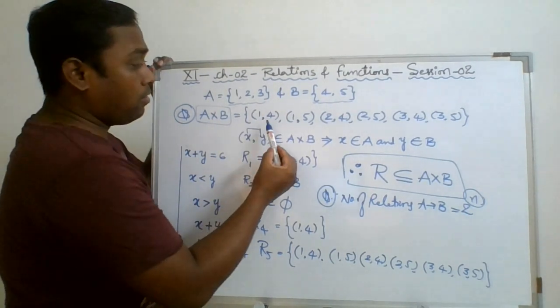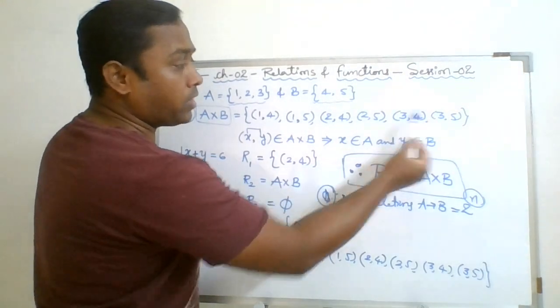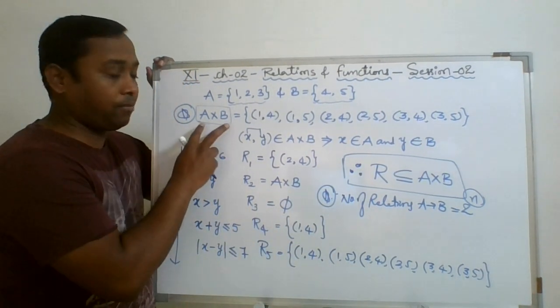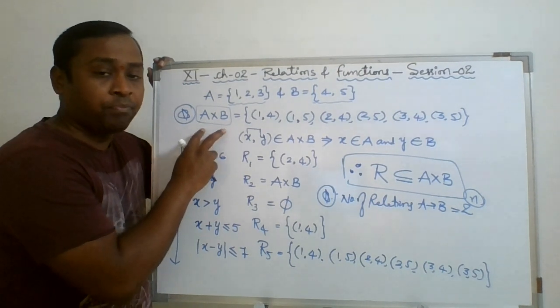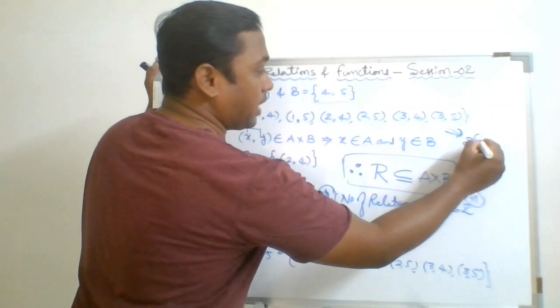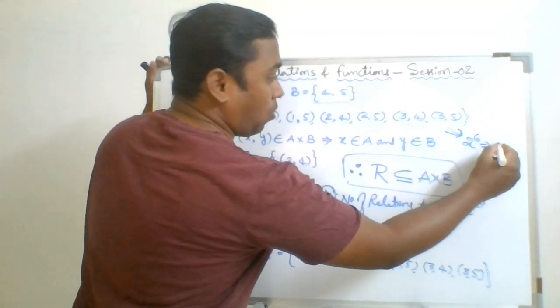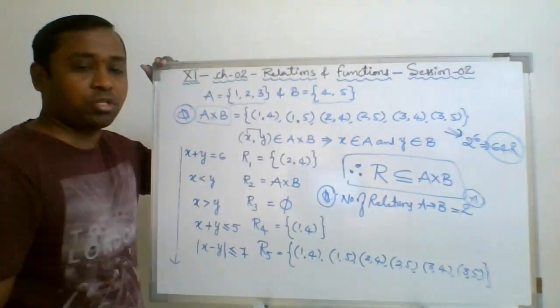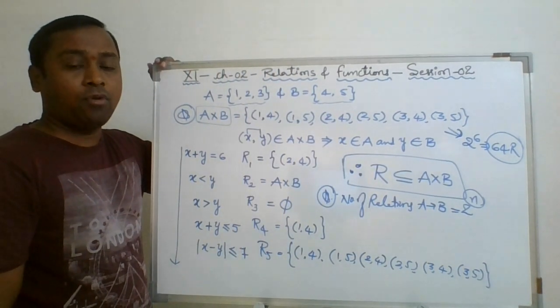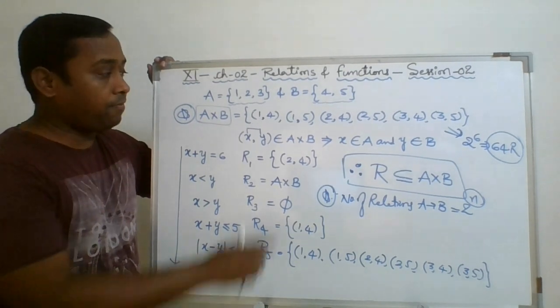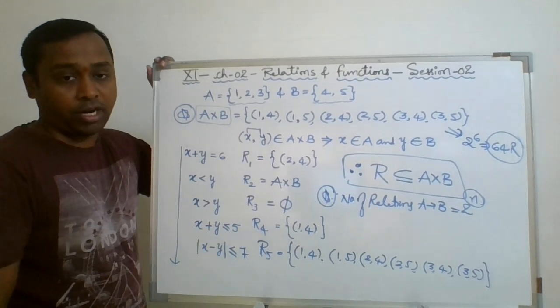Like here, see 1, 2, 3, 4, 5, 6. We have 6 ordered pairs, meaning 6 elements belong to the Cartesian product. So we can make 2 to the power of 6, that is 64 distinct relations from this Cartesian product.